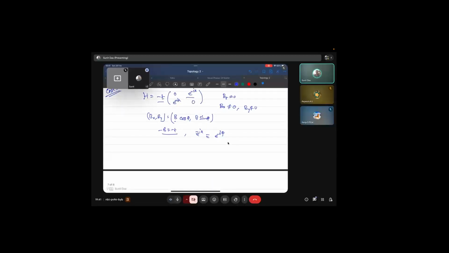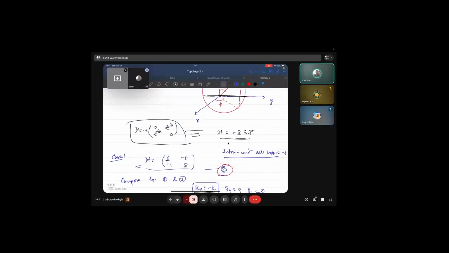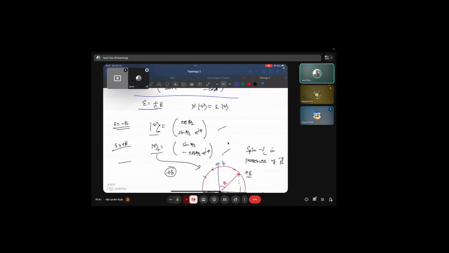And the wave function for the lowest energy states is going to be what we have already defined, this one.